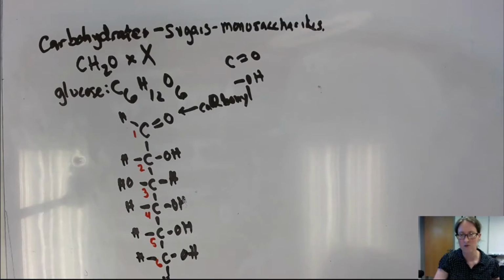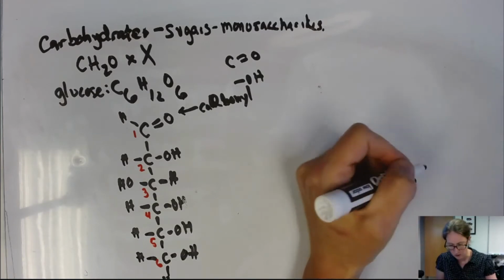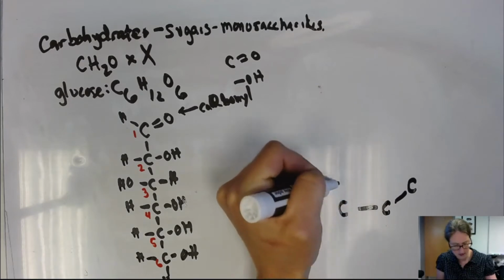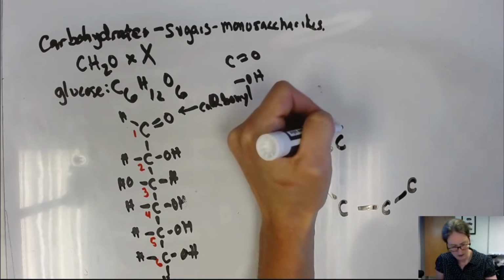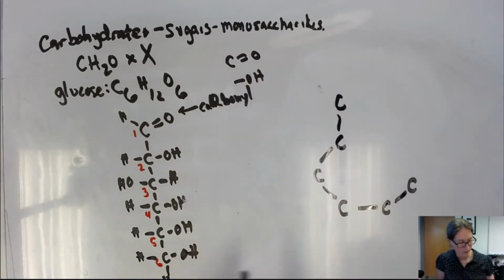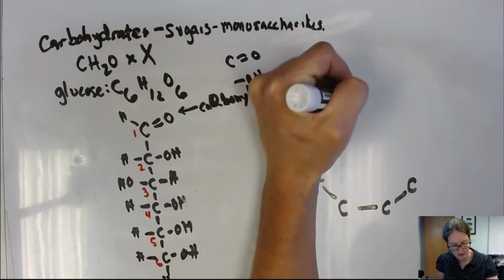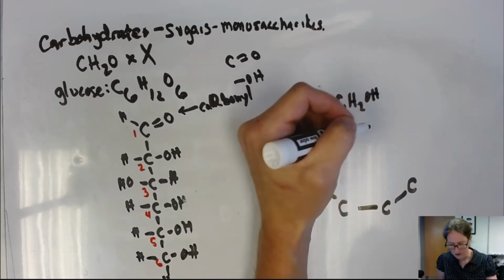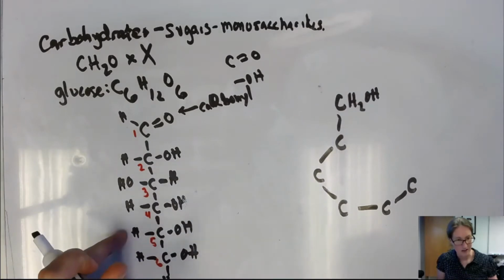So now we're going to walk through how we get to the ring form from the linear form. And I'm going to start out drawing carbon number 1 down towards the bottom here. Here's carbon 2, 3, 4, 5, and 6. And for carbon number 6, I'm going to just abbreviate all of this stuff by calling this carbon CH2OH. And then carbon number 5 has a hydroxyl and a hydrogen hanging off of it.